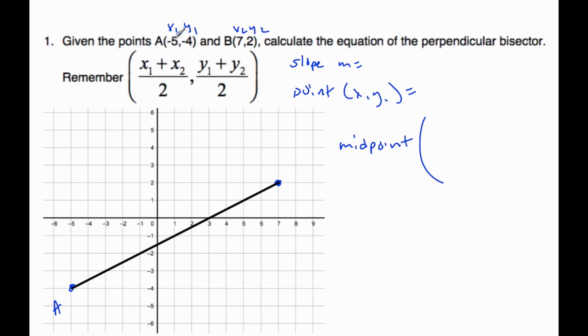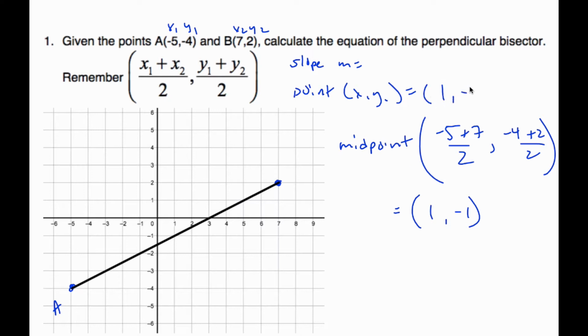And so if I do this, it'll be -5 plus 7 divided by 2, comma, -4 plus 2 divided by 2, which is 2 over 2, which is 1. This is -2 over 2, which is -1. That is my midpoint. So this is going to be my point that is going to be on my perpendicular bisector. It is right here.